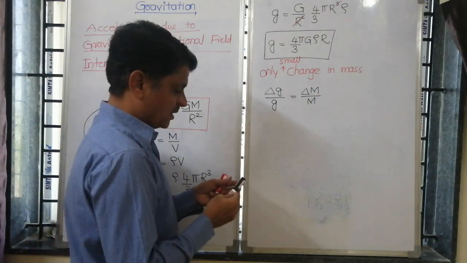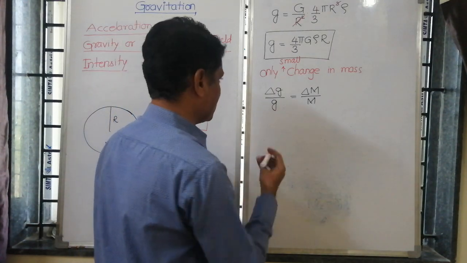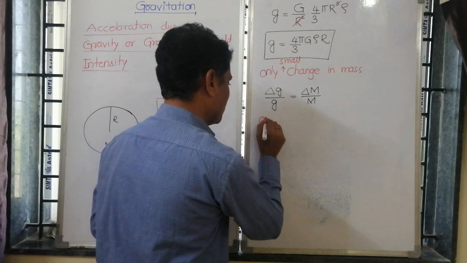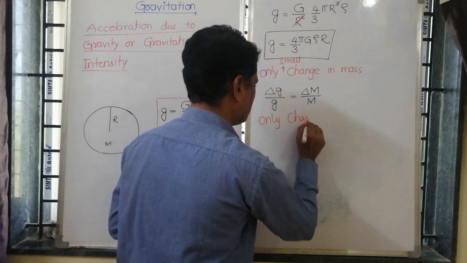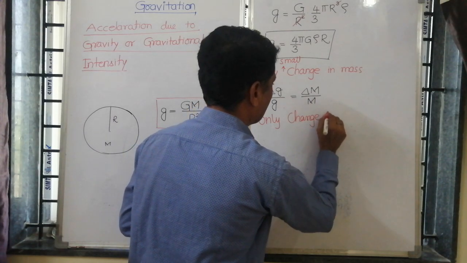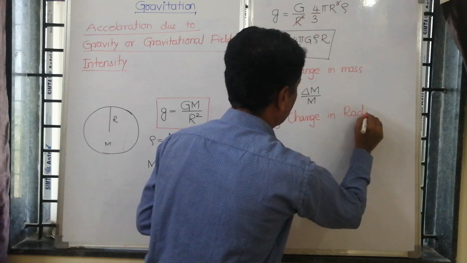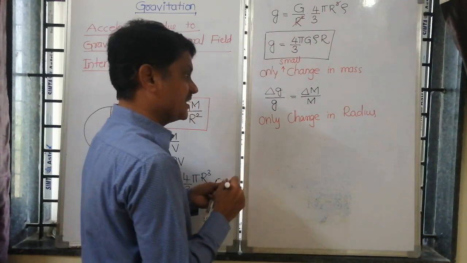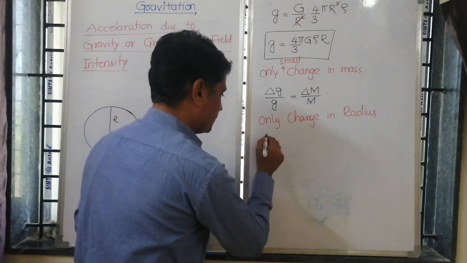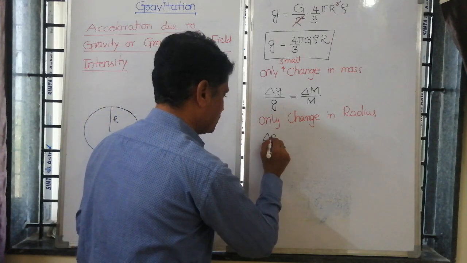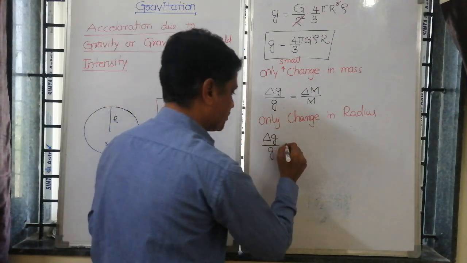And if there is only change in radius, that is once again only for small change in radius, the fractional change in g, if you multiply by 100, you get percentage change.